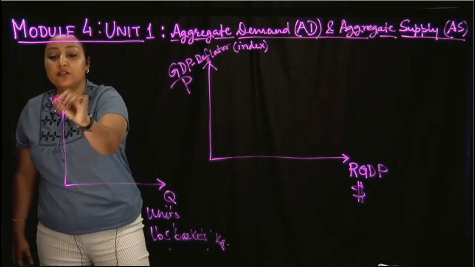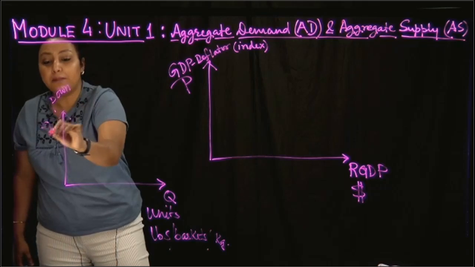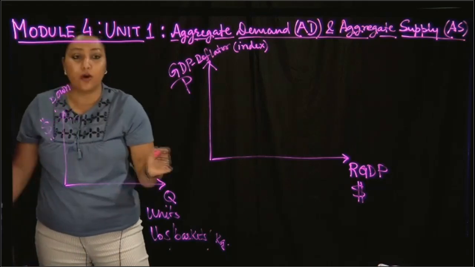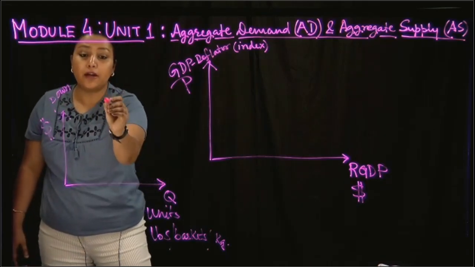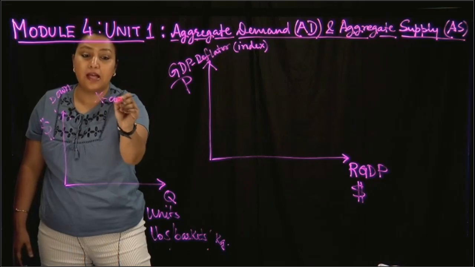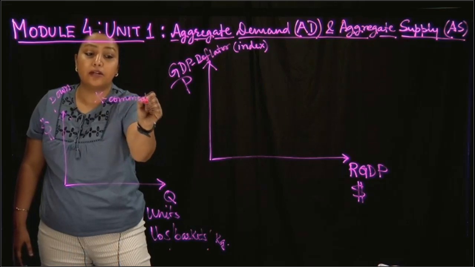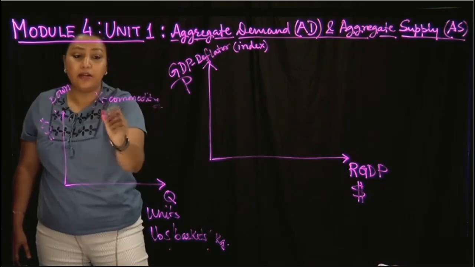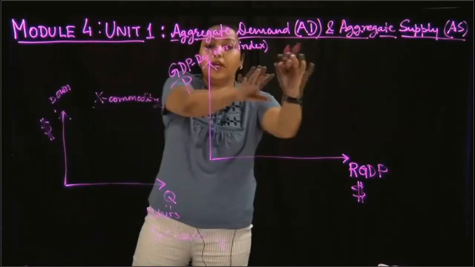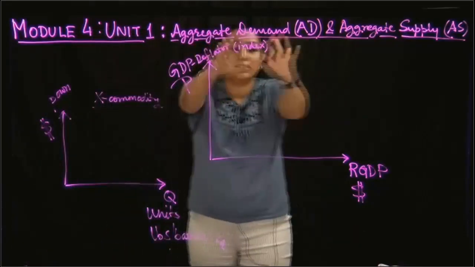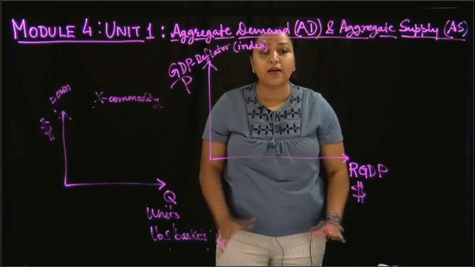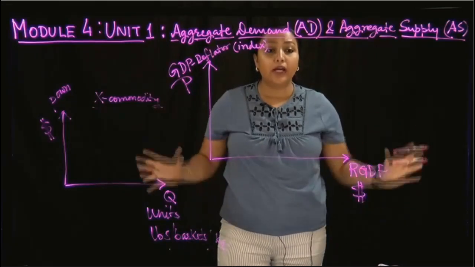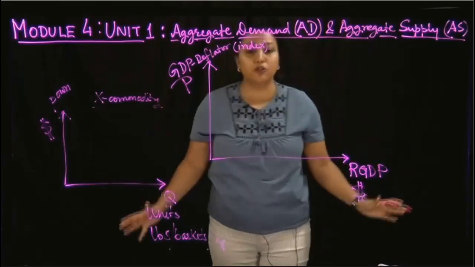On the y-axis you had P own, in terms of dollars or a currency. And this was the market for some commodity X, apples, ice creams, textbooks, or a service. But here you cannot identify any service.